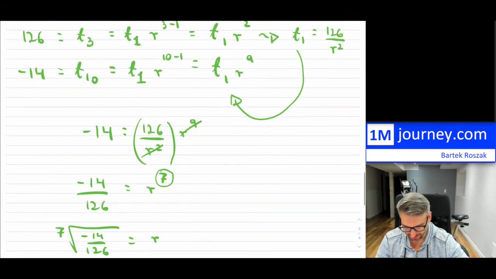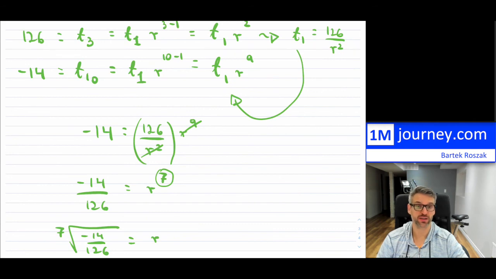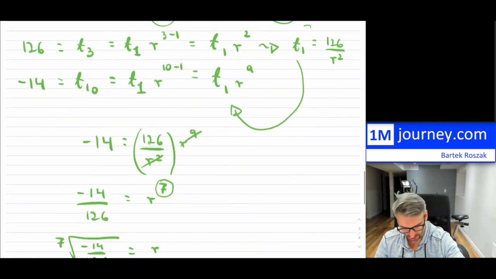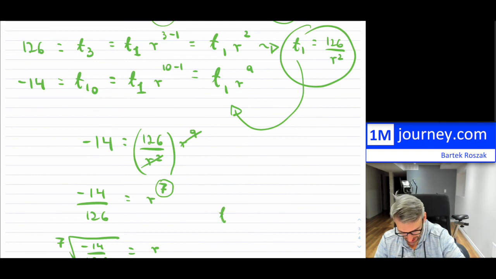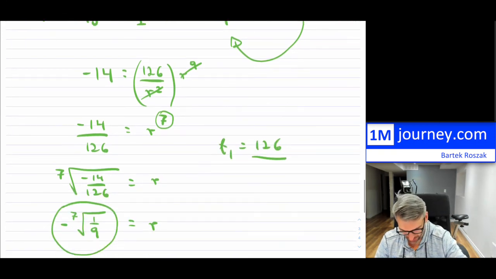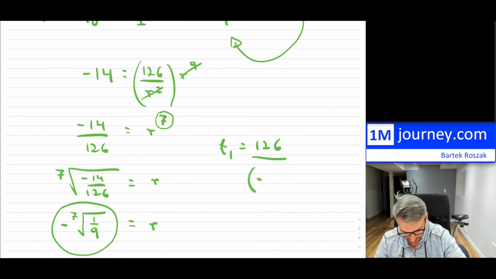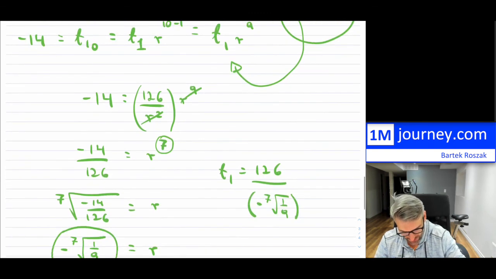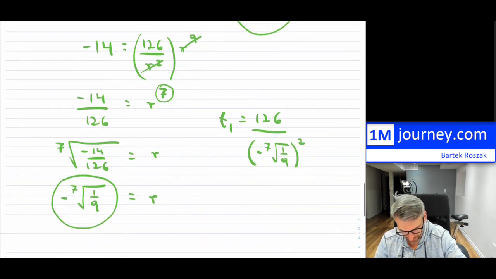Now, once we have this, we can substitute it back in and find T1. You can substitute it in any of the equations. For instance, here, T1 is equal to 126 over whatever R is, squared.